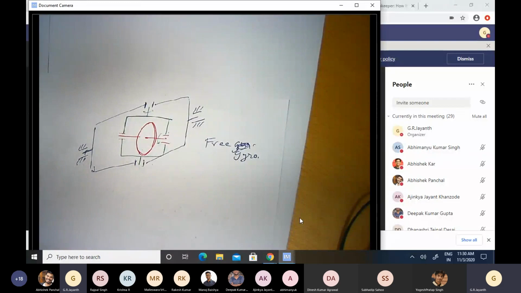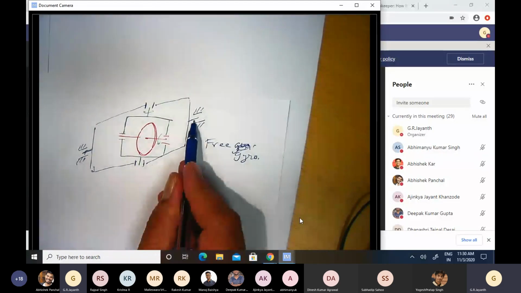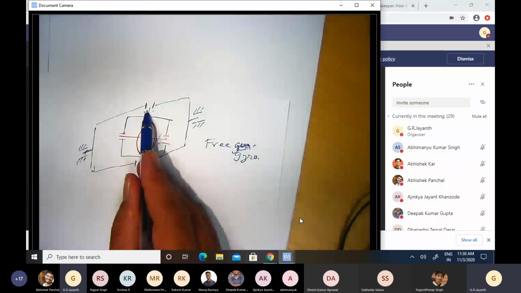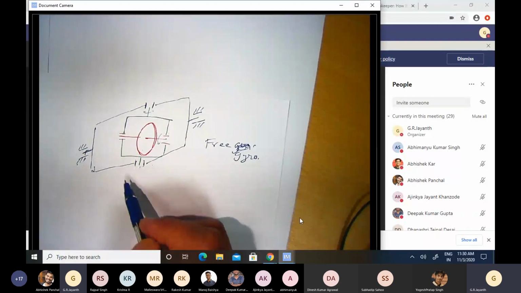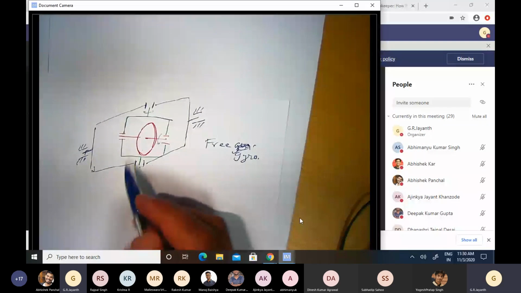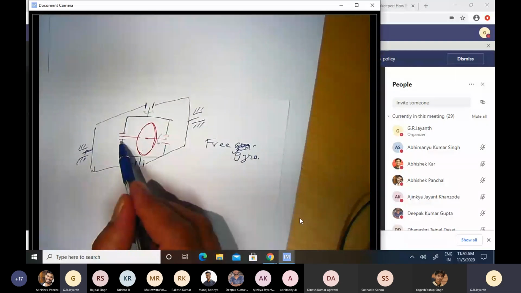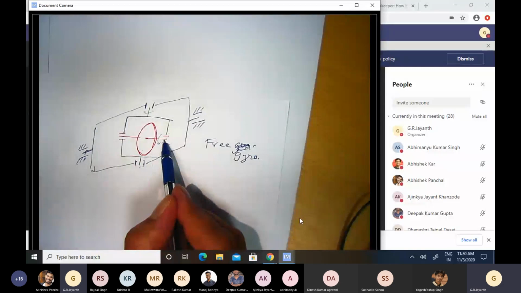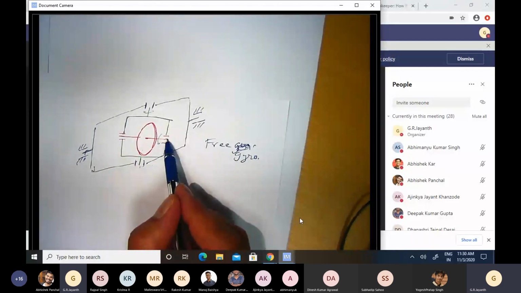The problem with this, however, is that although we have assumed that it is free to rotate about these axes, you have bearings here, and there will always be some small friction in the bearings. Even this disc spinning about its axis is retarded with time because of friction at the bearings.